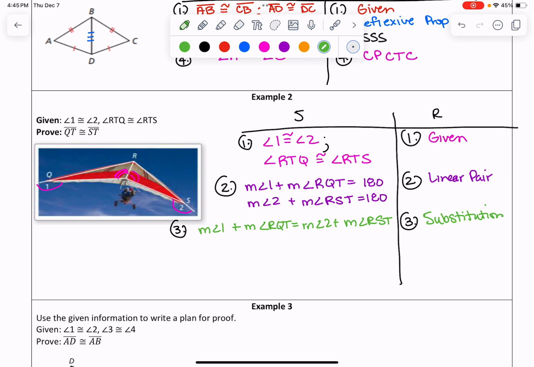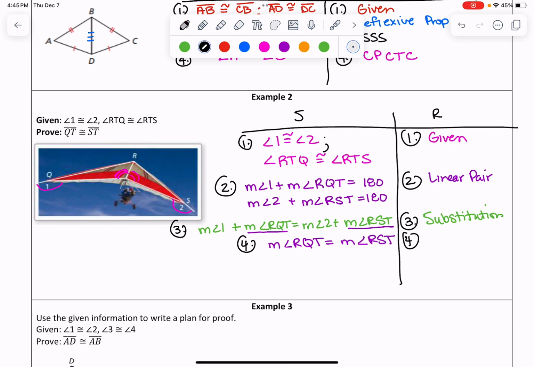And now I can subtract off my angle 1 and 2 that are equal to each other in the given to get a second pair of equal angles. So now in step 4, I can say that angle RTQ and angle RST are equal to each other by the subtraction property.